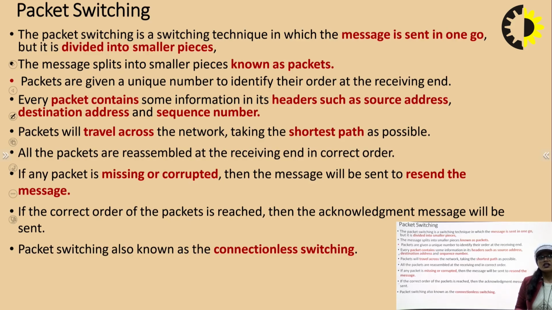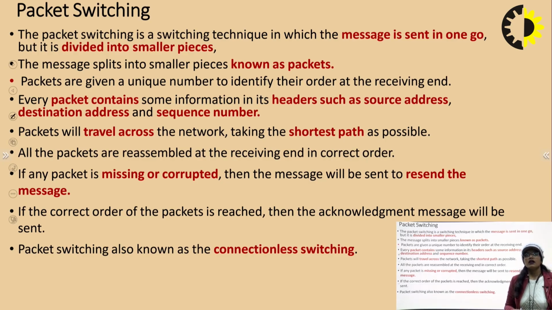Packets are given a unique number, because if you divide your message into different pieces, and these pieces travel on the network by taking different routes, how can you reassemble these packets in the correct order? So basically, we assign a sequence number through which we rearrange them in the proper order at the destination, at the receiver side.